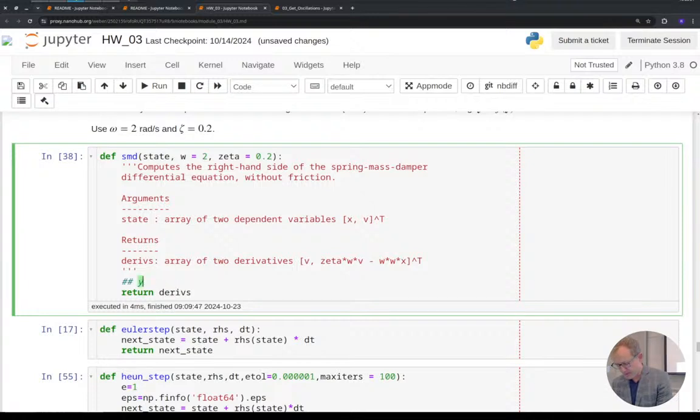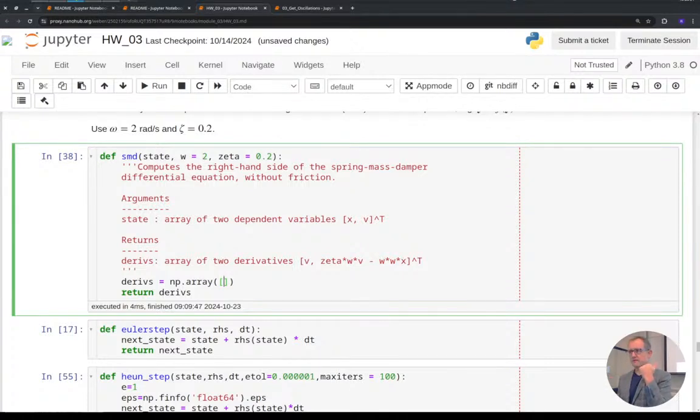So what did derivs look like? What did you come up with? What's the first output? Our state has 2 values, position and velocity.